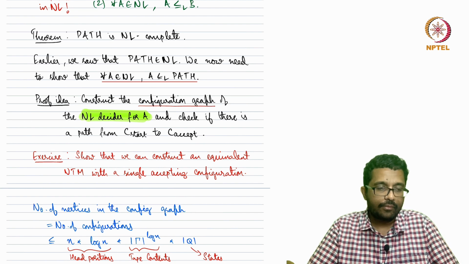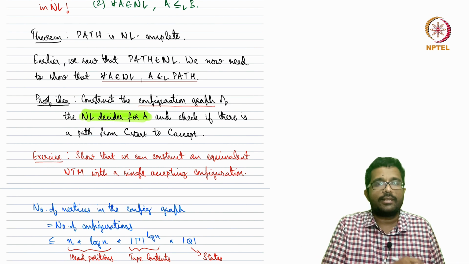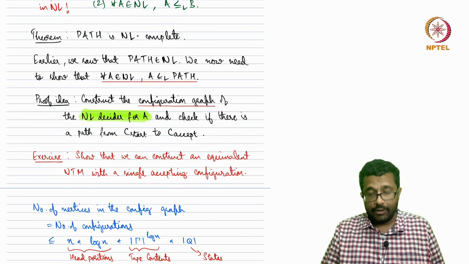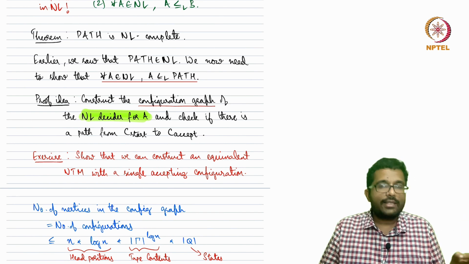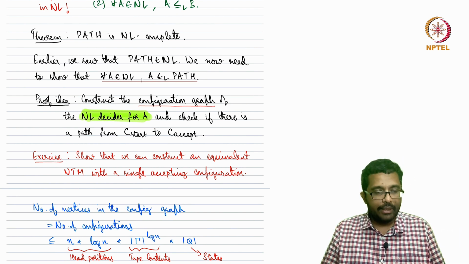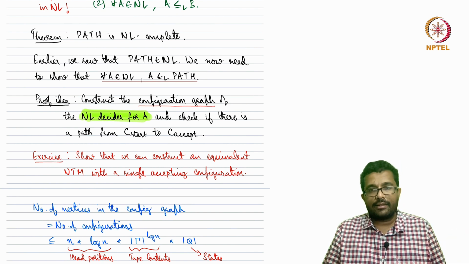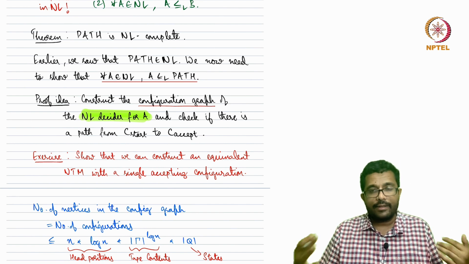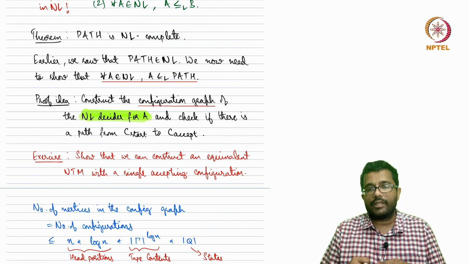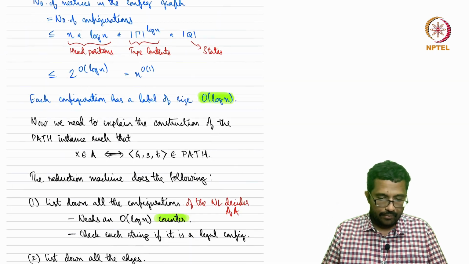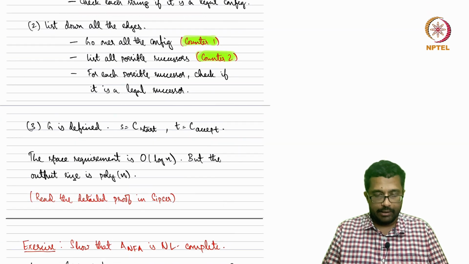So we build the configuration graph for that NL decider and check whether there is a path from the starting configuration to the accepting configuration. We said that this configuration graph can be generated using only logarithmic workspace. The configuration graph itself is of polynomial size, but the work involved in generating it is log space. That completed the proof that PATH is NL complete.